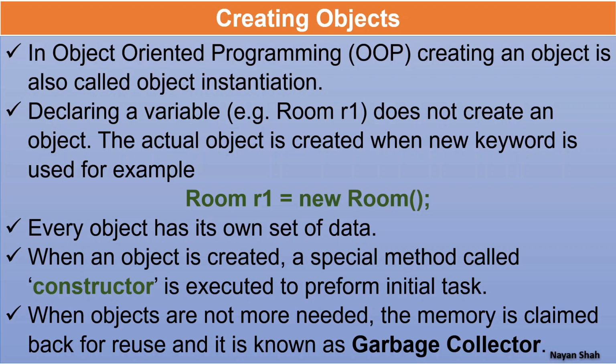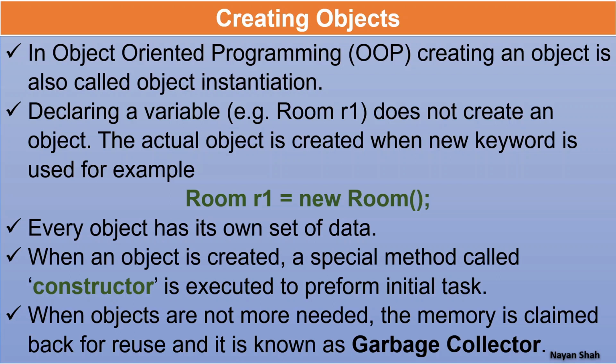When an object is created, a special method called constructor is executed to perform initialization of the attributes in that object. There is something called a constructor which is used to initialize the attribute variables created in the object, but again we will be discussing constructors in detail afterward.